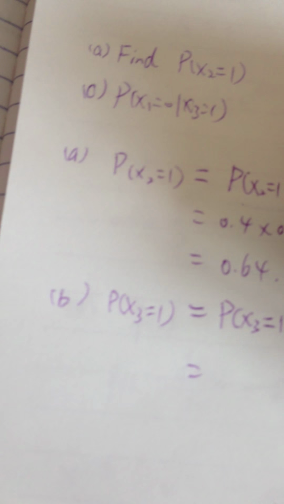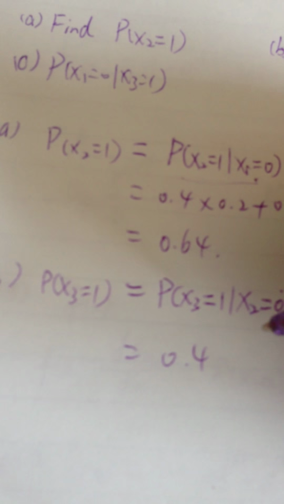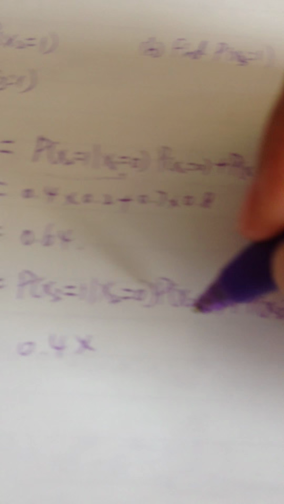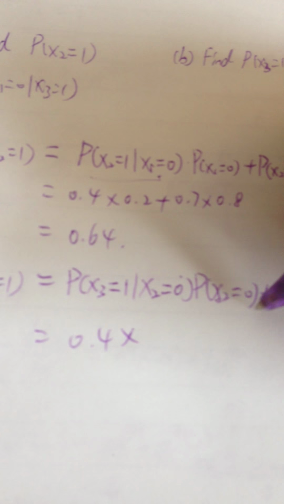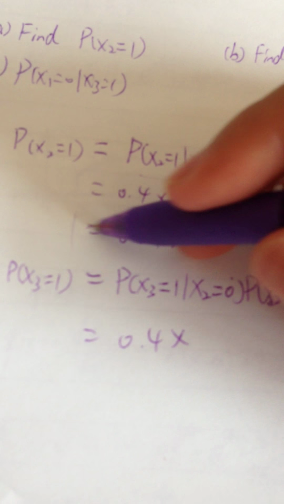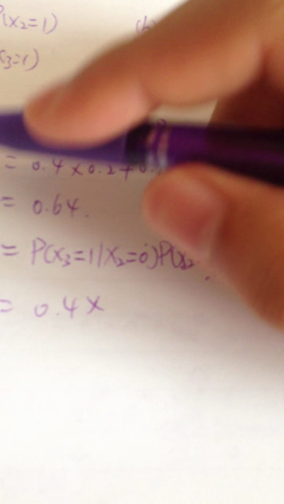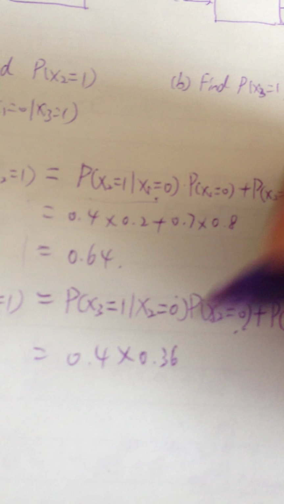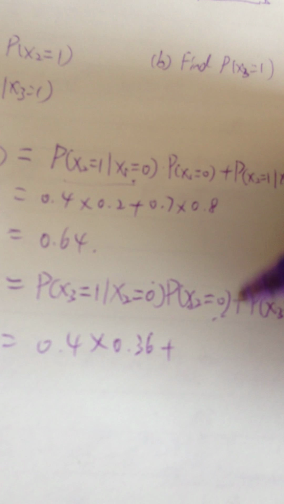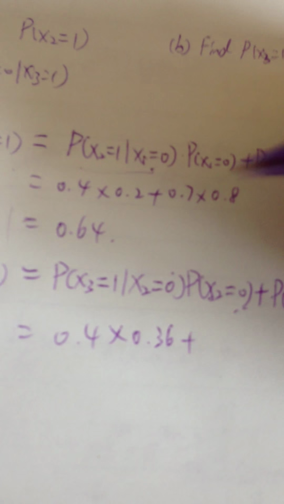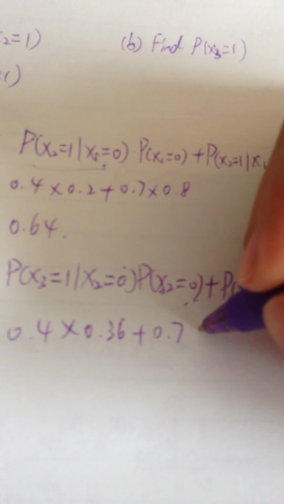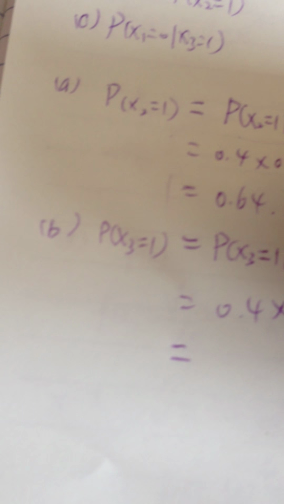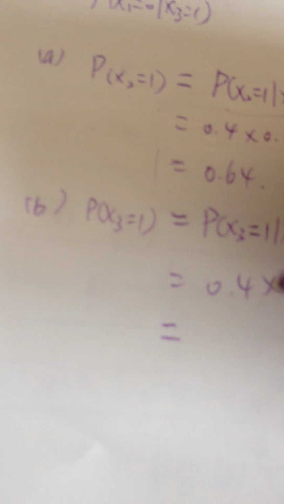That is 0.4 multiplied by the probability of x2 equals 0, which is 1 minus the probability of x2 equals 1, so that's 0.36, plus 0.7 multiplied by the probability of x2 equals 1, and we got the consequences.